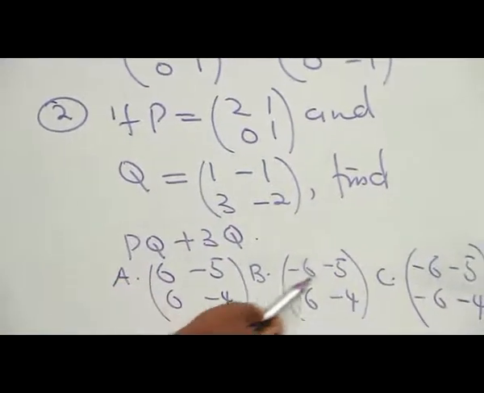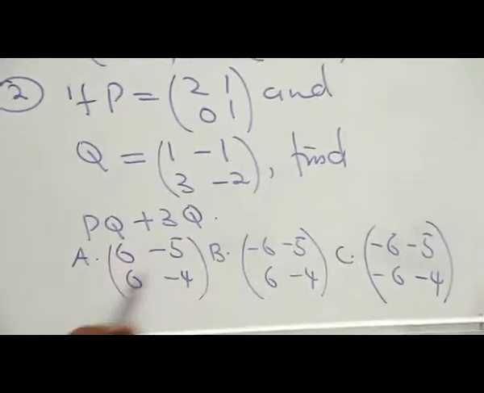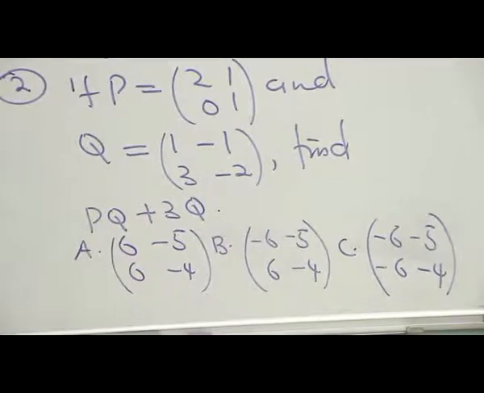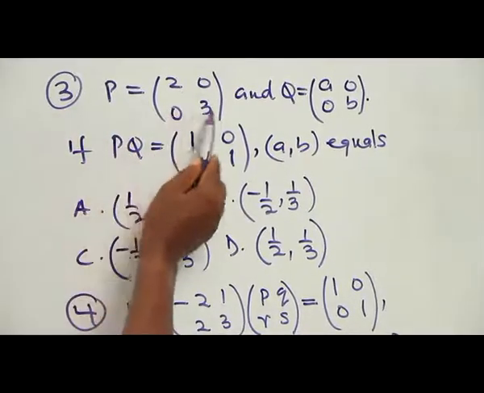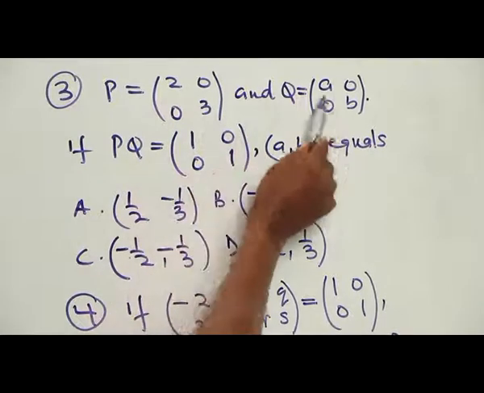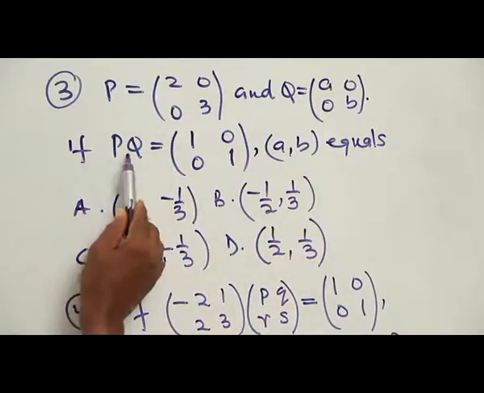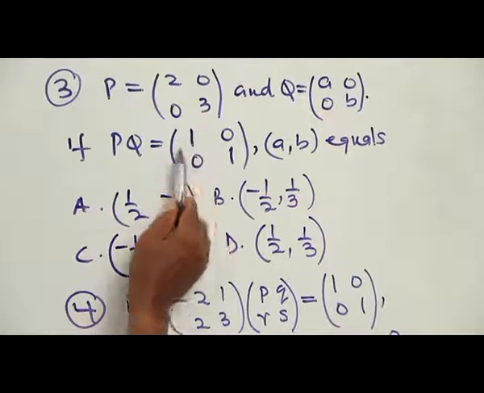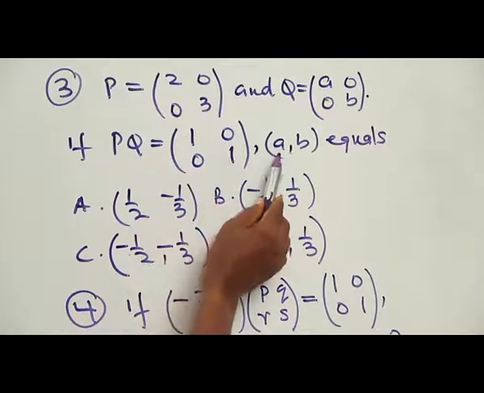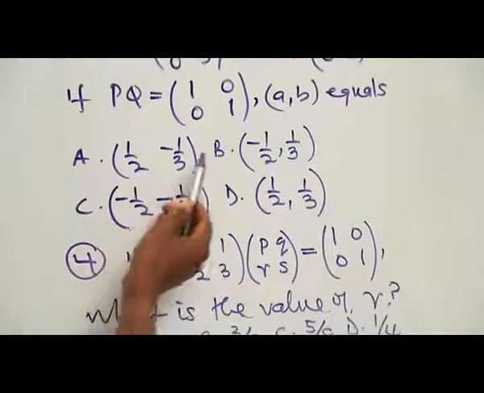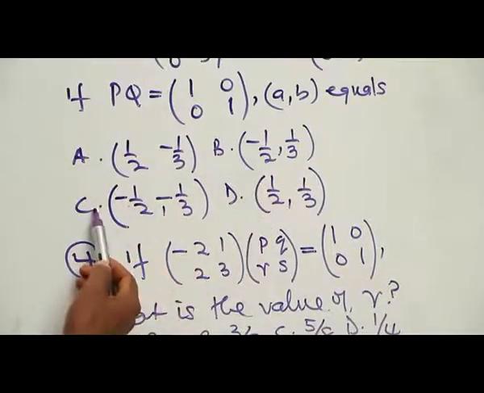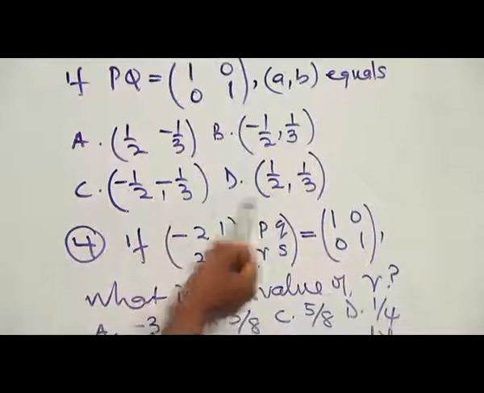Options A, B, C are provided for your answer. Question number 3. P is this matrix and Q is this matrix here. If PQ is equal to this identity matrix, AB equals A, B, C, D.